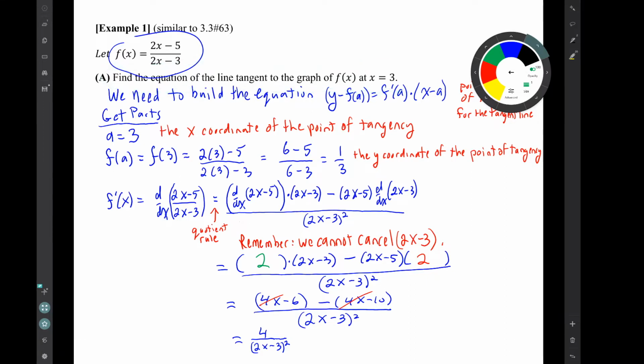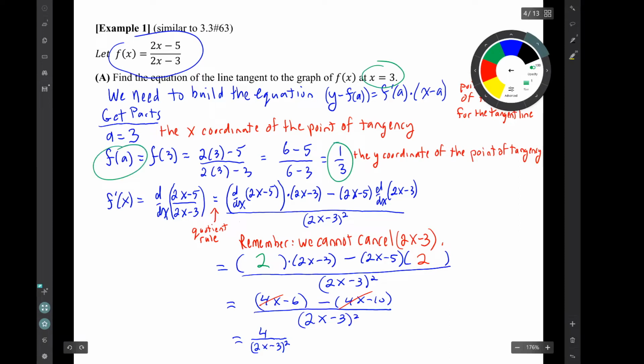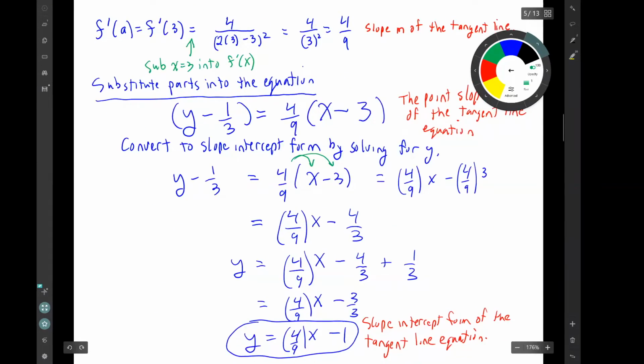Notice a couple of things that we've done are going to be useful. Of course, the x-coordinate of the point of tangency is that number, x equals 3. The y-coordinate is that number, 1/3. What else is useful? The y-intercept is -1, and the slope is 4/9.